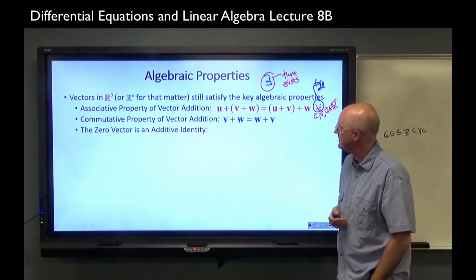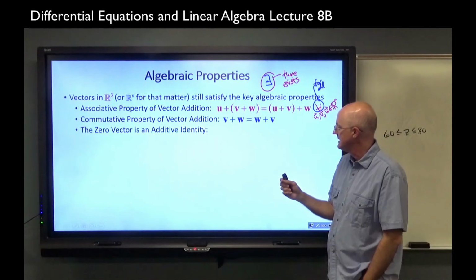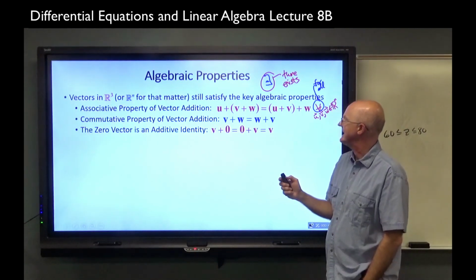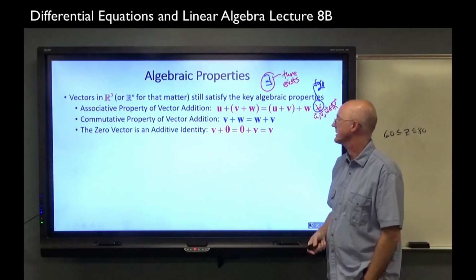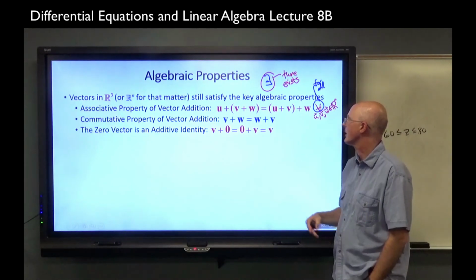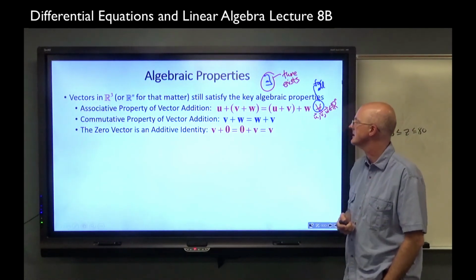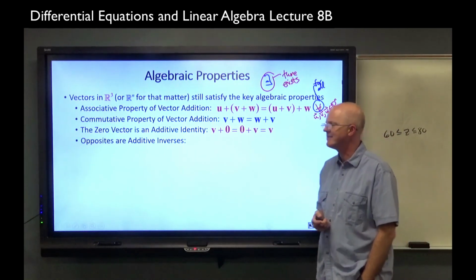The zero vector, whose components are all zero and which is visualized as a dot at the origin, is the additive identity. You add it to any vector, you get that vector back. And it doesn't matter what order because of the commutative property. I could have just written one of these actually because I know the commutative property is true. Opposites of vectors are additive inverses.